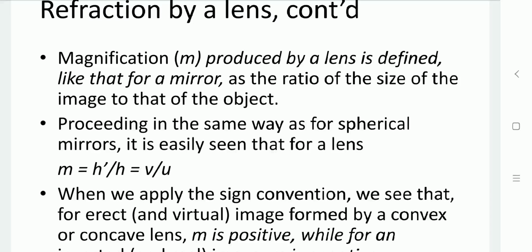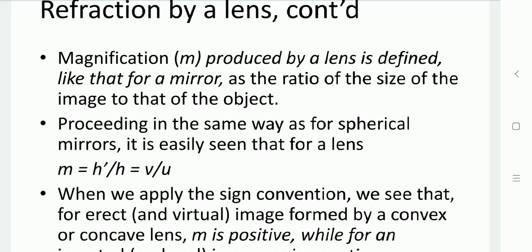Just like a spherical mirror, magnification m equals h dash by h, where h dash is the size of the image and h is the size of the object. We can also consider it as v by u.